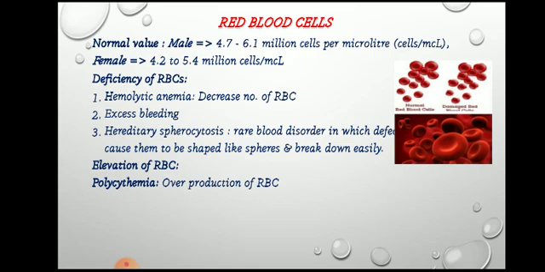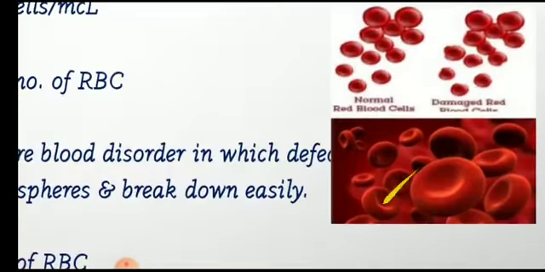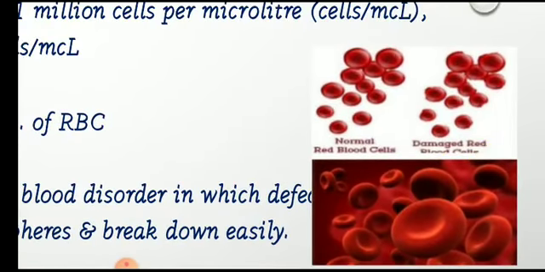And sometimes hereditary spherocytosis, a rare blood disorder in which there is a defect in the RBCs, which causes them to be shaped like spheres and break easily. You can see the figure over here.